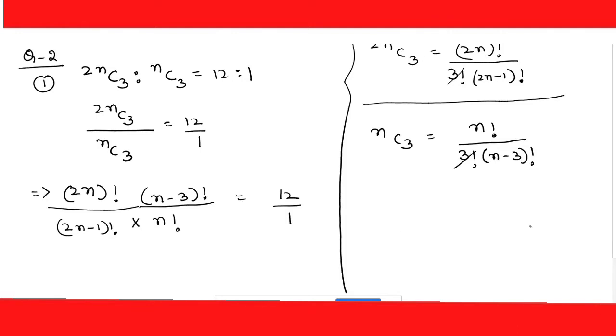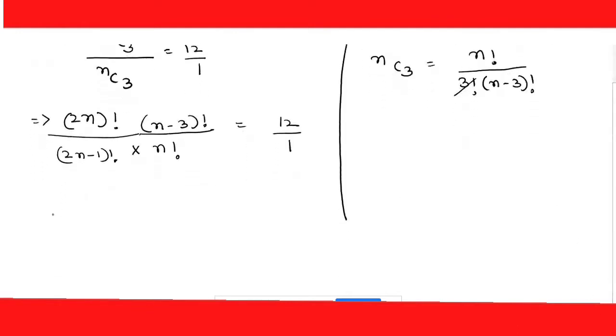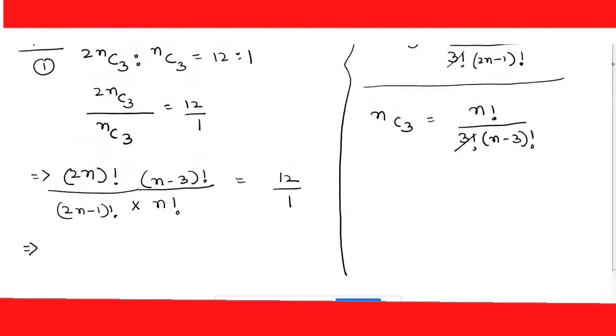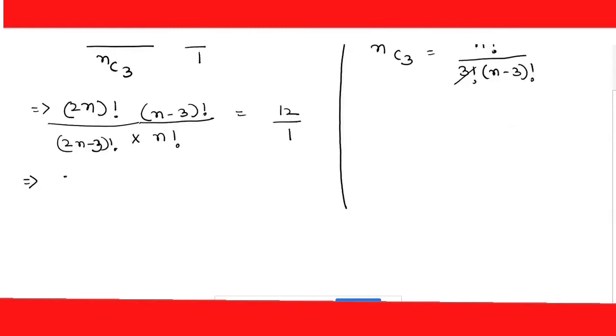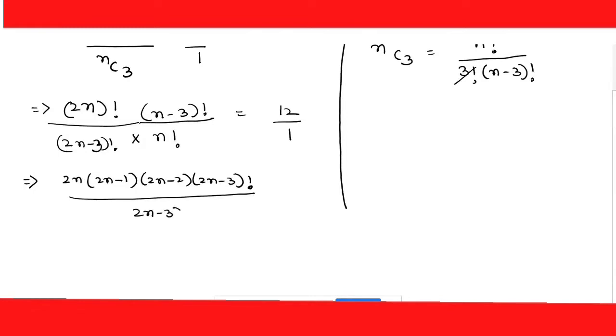Now we expand 2n factorial. Sorry, 2n minus 3, because this is 3. So 2n, 2n minus 1, 2n minus 2, 2n minus 3 factorial upon 2n minus 3 factorial.